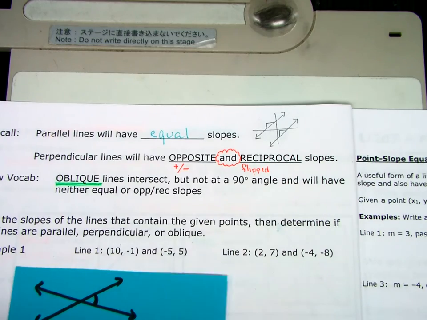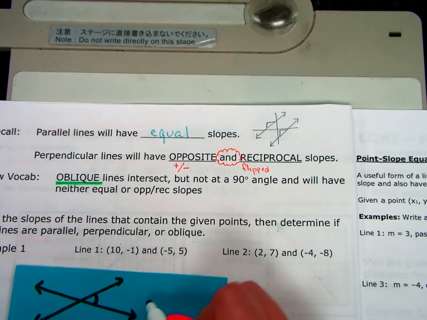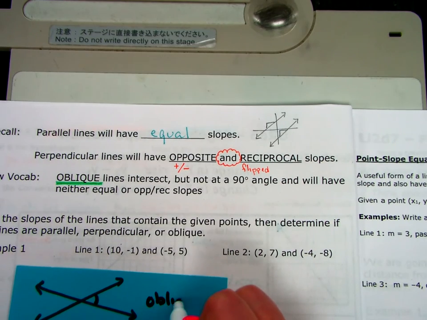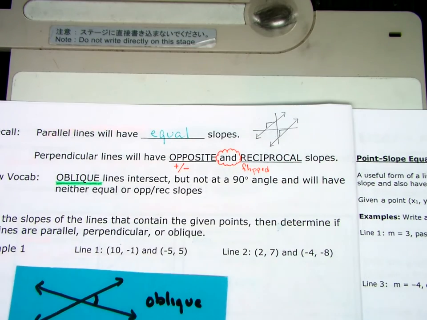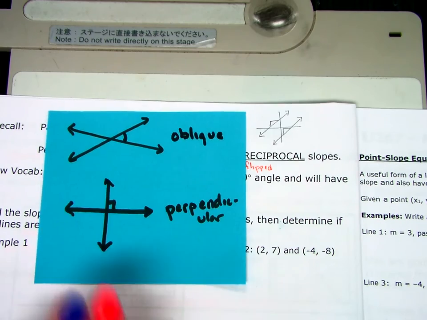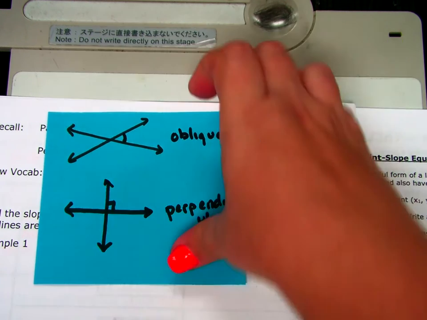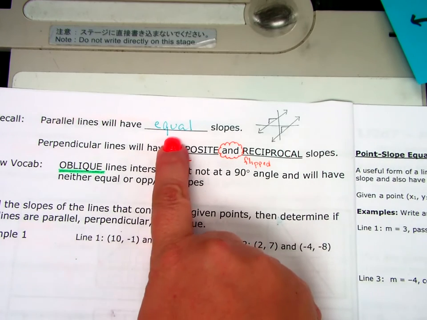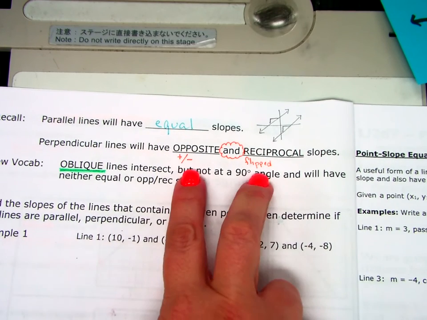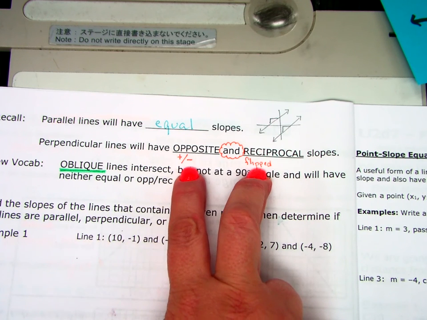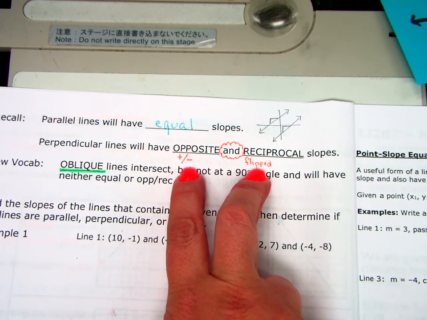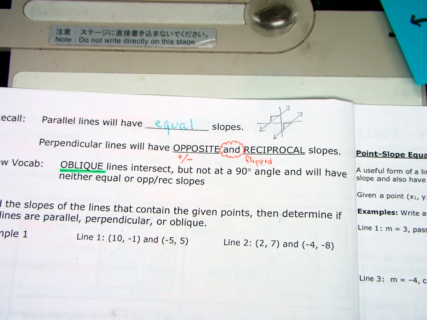So when I look here, these lines are oblique. Anything where it's not the same, because those are parallel, and it's not opposite and reciprocal, because that's perpendicular, every other case is oblique.